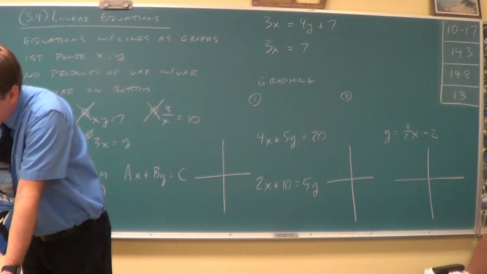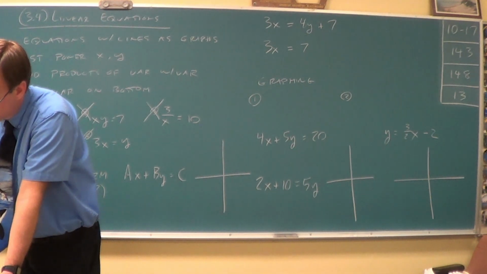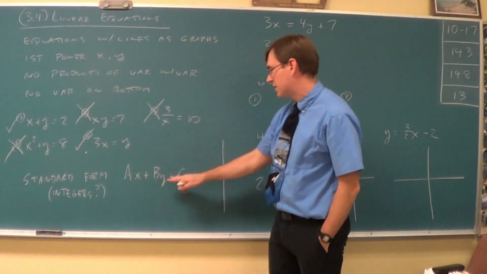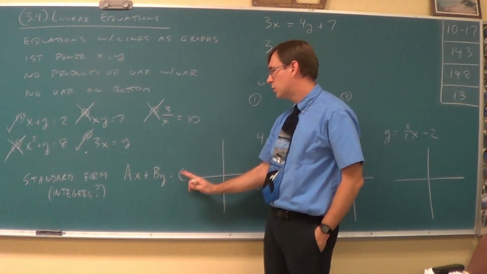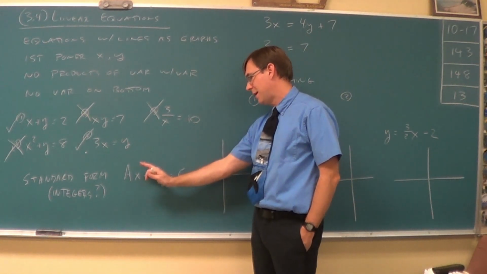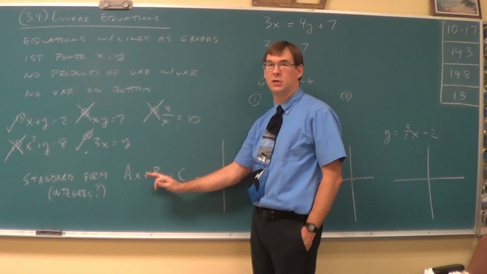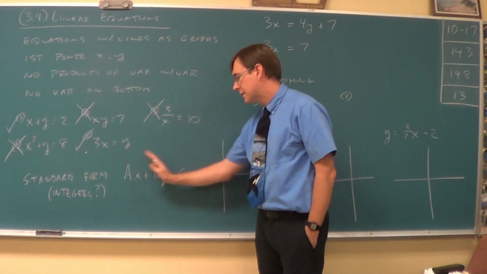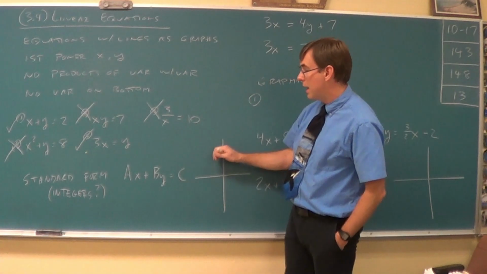No, our book is going to claim that I'm a liar. This book and the Algebra 1 book are different. The Algebra 1 book was saying x and y on the side, number out of the way. The Algebra 2 book is saying get everybody to the same side. I'm not saying that. Okay, so we're going to go with what I'm saying, which is what the Algebra 1 book is saying. Get x and y on the side, get the number out of there.